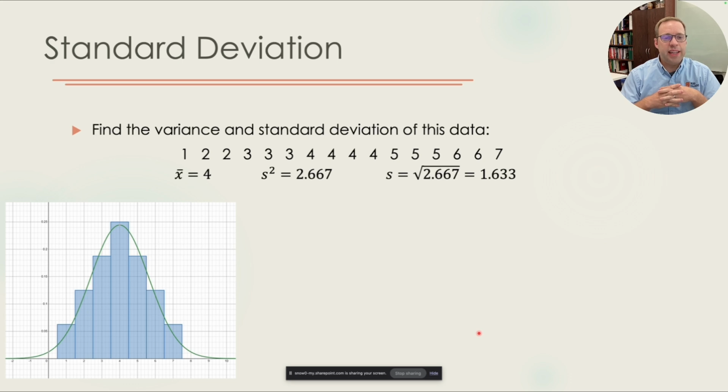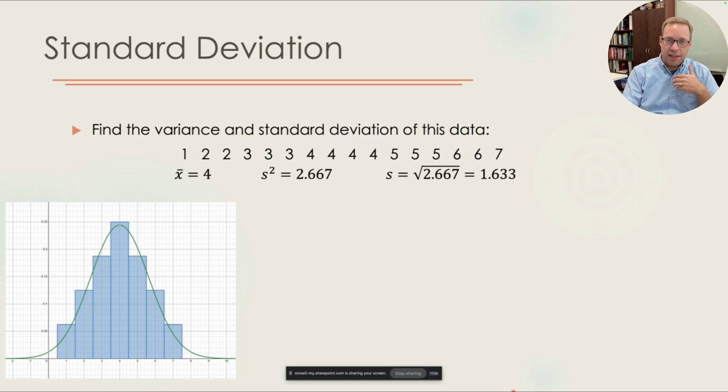And the green line is just a normal distribution that fits an average of 4 and a standard deviation of 1.633. You see how well it fits the data. And that's great. That's what we want. We want the mean and the standard deviation to give us a distribution that fits our data.